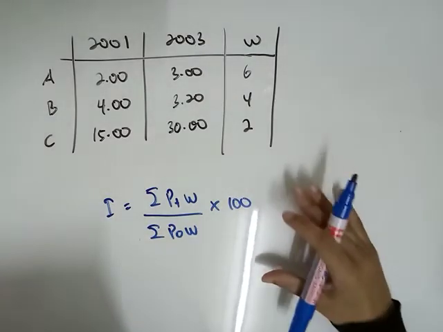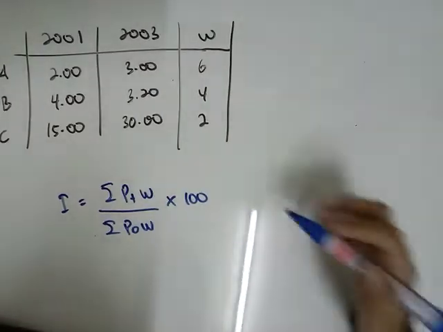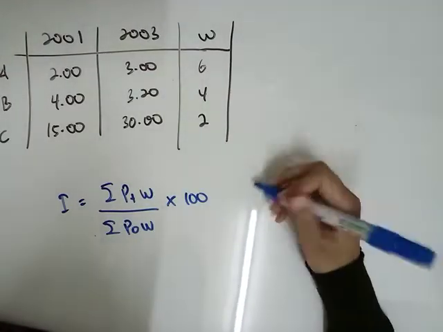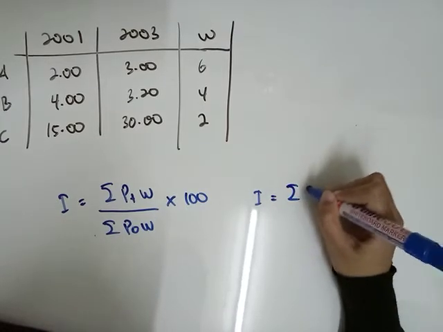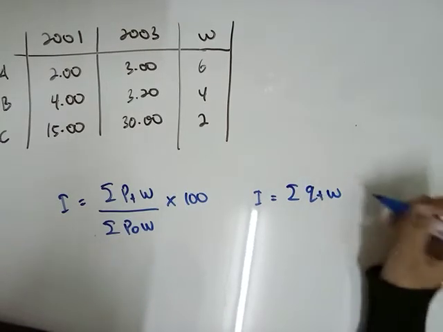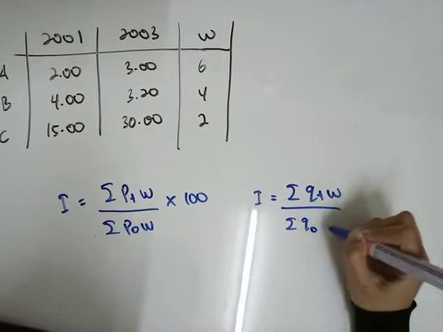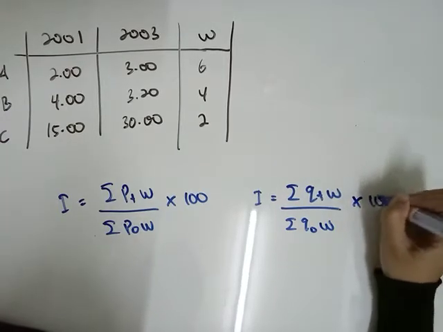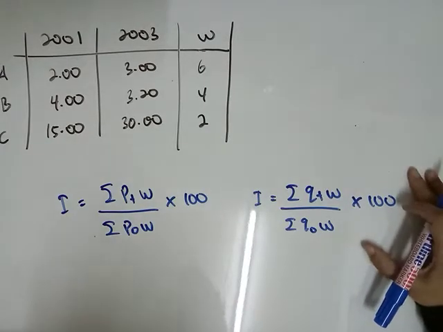Okay, this one is for weighted aggregate price index. Same goes with quantity. Okay, I equals to total QT times weight divided by total of Q naught times weight multiply with 100. Okay, this one is weighted aggregate quantity index.